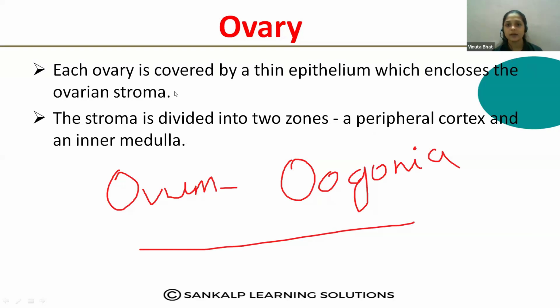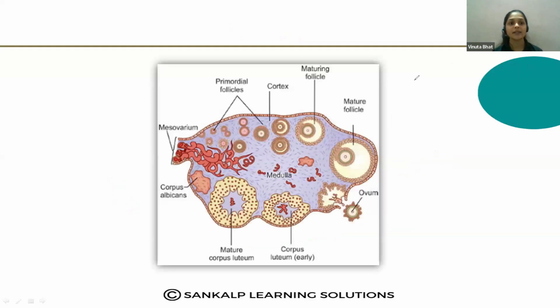If you observe the structure of the ovary in the fetal stage, before birth, when the fetus is in the mother's womb, the oogonial cells are produced inside the ovary. Oogonial cells are also called ovum mother cells. They are produced in the fetal stage, during the nine months in the womb, inside the ovary.